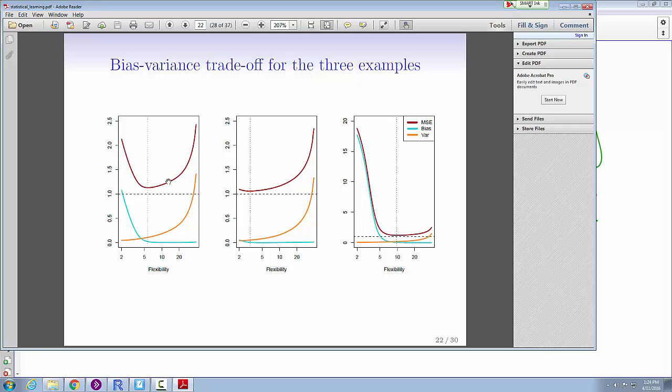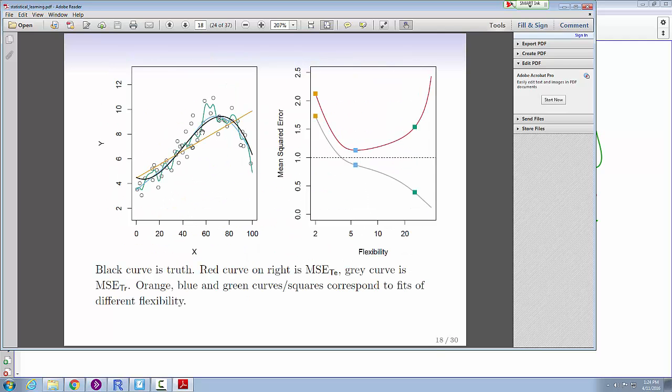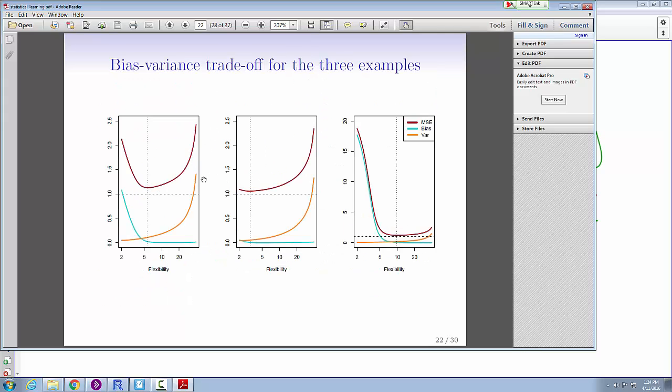And here's what happens to the mean squared error in this particular simulated scenario. That's the trade-off between flexibility and mean squared error. So the optimal model is right there. It's the one that achieves the lowest mean squared error.